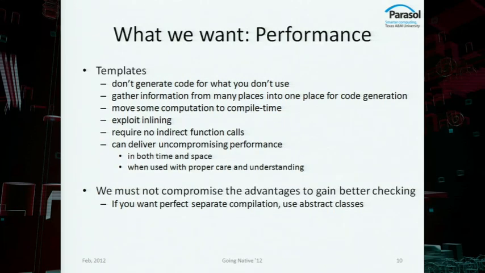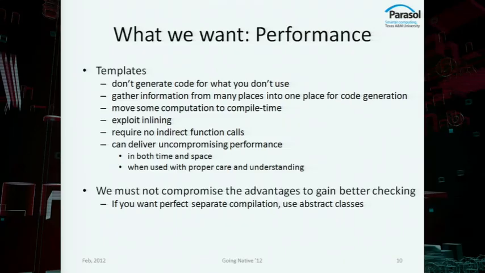So before we start fixing something, we have to make sure that we don't break anything that we really like. Templates are great for flexibility and for performance. Some people don't believe in the performance thing, but templates don't generate any code for what you don't use.